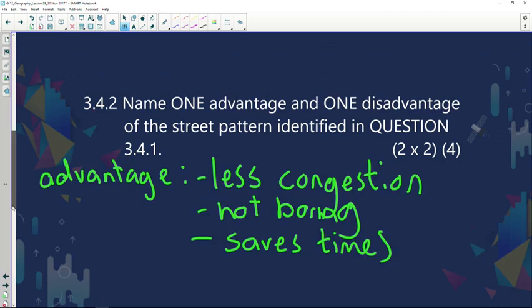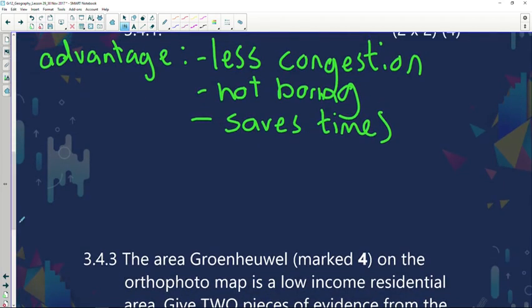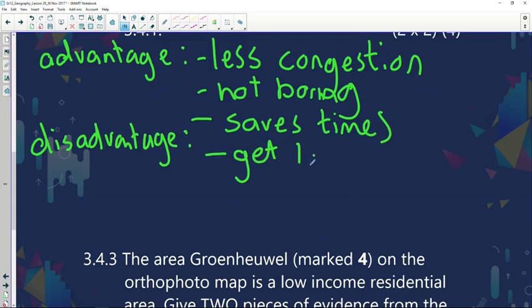Now, what's going to be the disadvantages of a planned irregular street pattern? You can get lost easily. There's not many one-ways, that's the reason why. Another disadvantage we can say is difficult to expand.